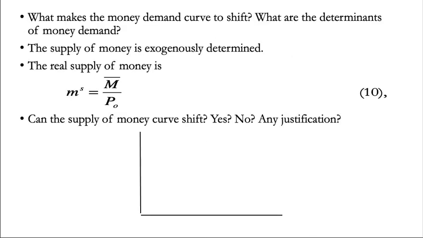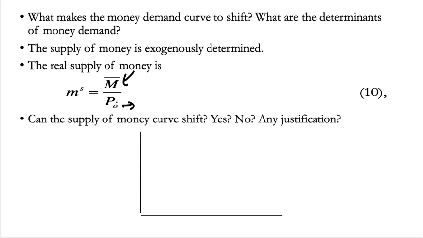Next, we move to the supply of money, and the real supply of money is this: fixed nominal money supply and also price level. And it is fixed because we cannot determine it. It is determined by the central bank.